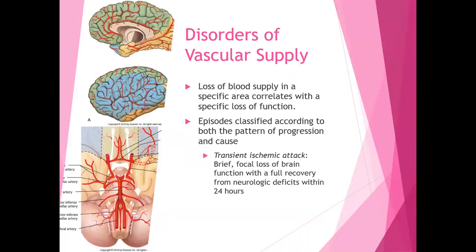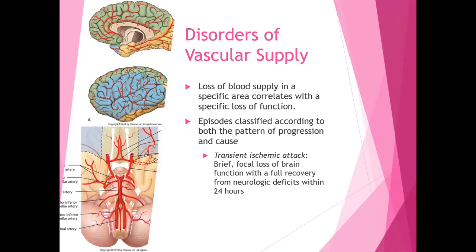So loss of blood supply in a specific area correlates with a specific loss of function, which I guess kind of makes sense, since the function of the cerebral cortex is localized. Table 26.1 in the textbook is the arterial supply of the central nervous system.